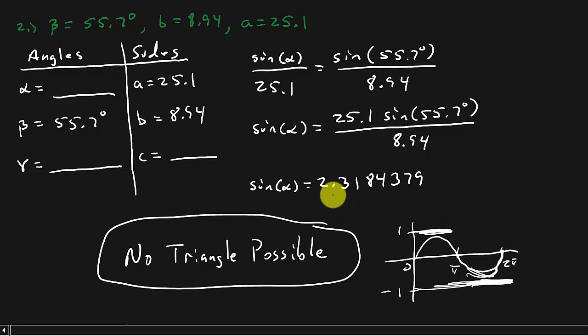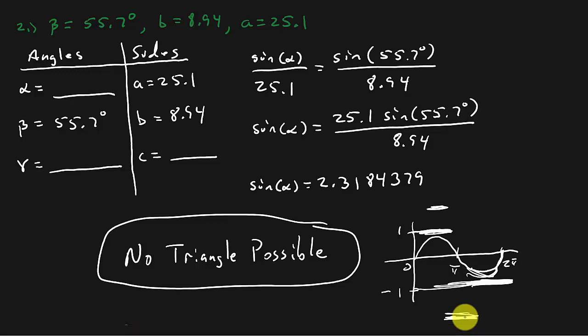So you see this 2.3? That's up here somewhere. That can't happen. I got sine alpha equals something more than 1. That's not possible. Or if I got sine alpha equals something below -1, that's not possible either.